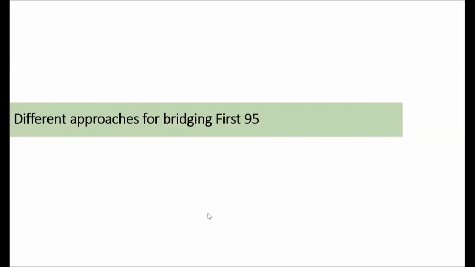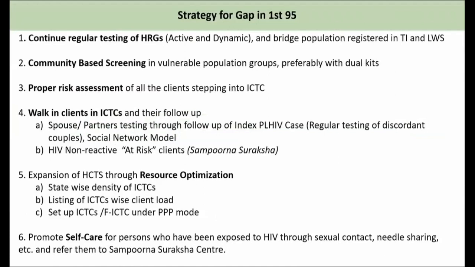Now coming to the different approaches for bridging the first 95. We have discussed some of these things in the previous slides. Those who are HRG group people and bridge population, those who are registered at TI or the link worker scheme, continued regular testing has to be ensured for them.